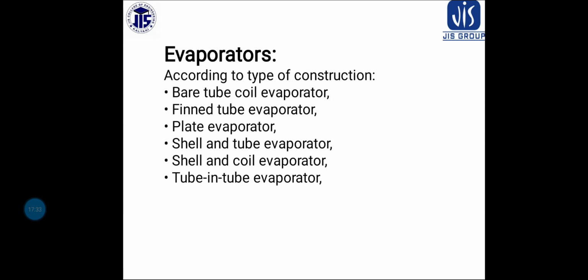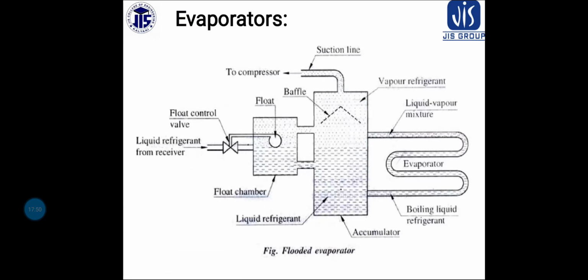I already told you: bare tube, flat plate surface, fin tube. Okay, also it can be classified as shell and tube evaporator, shell and coil evaporator, tube in tube evaporator, like this. Okay, so let us discuss the flooded type evaporator.